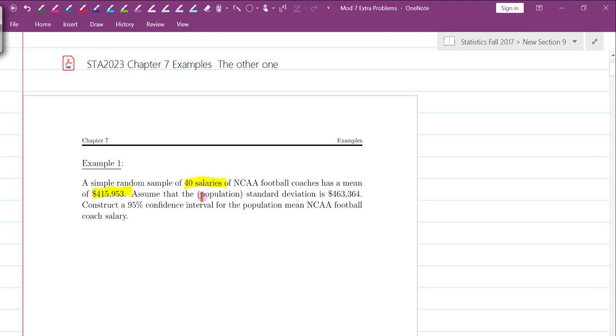Assume that the population, that's key right there, standard deviation is this figure. Construct a 95% confidence interval for the coach's salary. So what we want to look at is the fact that we know the population standard deviation. Okay, and we're doing a 95% confidence interval.